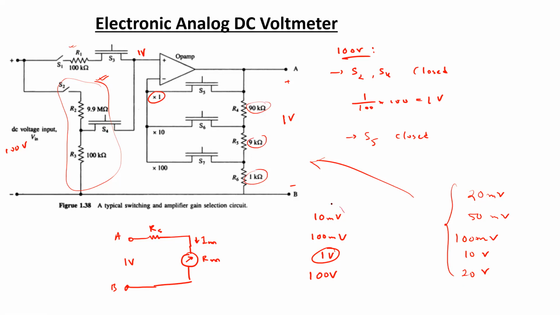So for these 4 ranges, it was sufficient to have 3 different gains of 1, 10 or 100, but for these different combinations, it might be necessary to have further options of selecting different gains of this amplifier circuit.